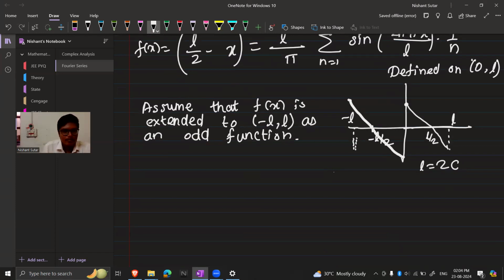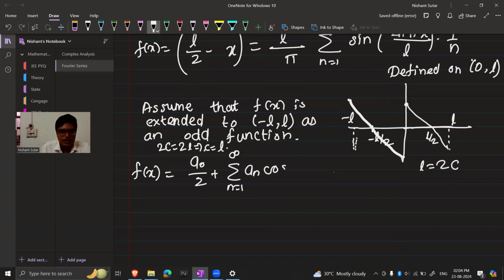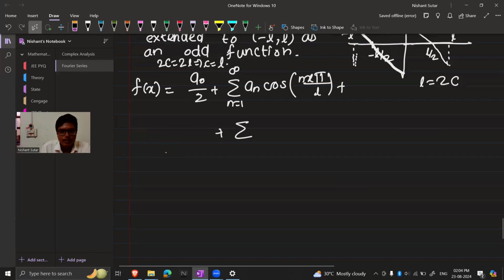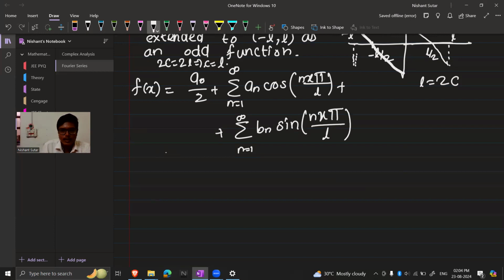So by definition, we have f of x as a naught by 2 plus summation n equal to 1 to infinity a n cos of n x pi by L, plus summation n equal to 1 to infinity b n sine n x pi by L. Note that here the value of 2c is 2L, which implies c is L.